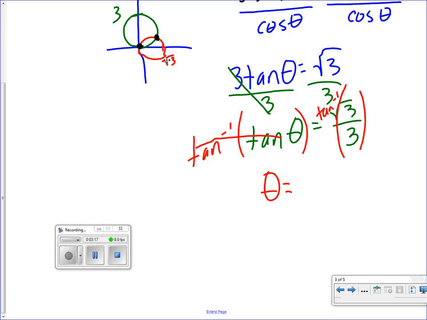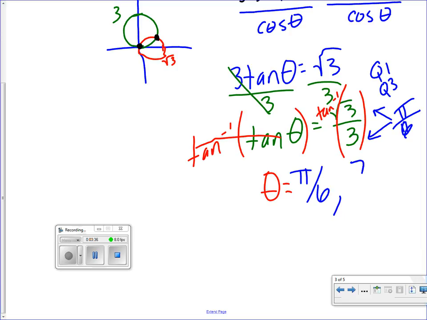Okay, we got a couple tricks here. 3 and 3 make 6, so I'm looking for something with a denominator of 6. And this tangent is positive, so it could be in quadrant 1 or in quadrant 3. So I have pi over 6. And then in quadrant 3 we have 7 pi over 6.